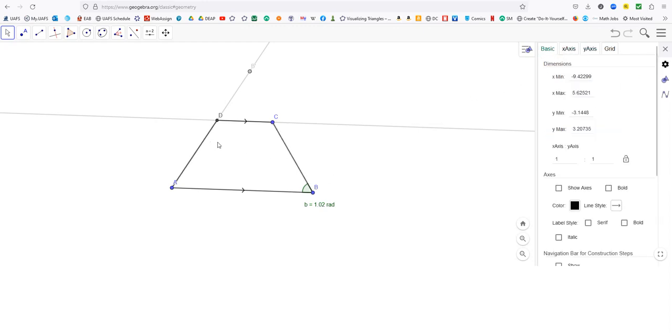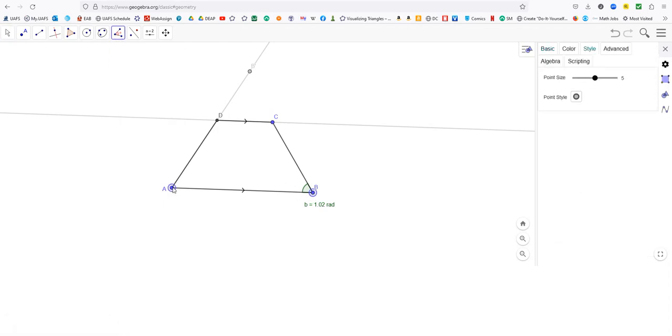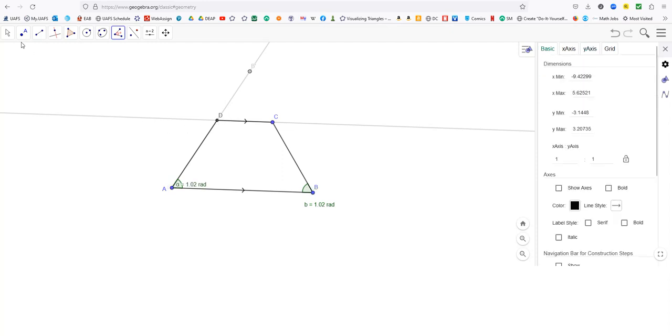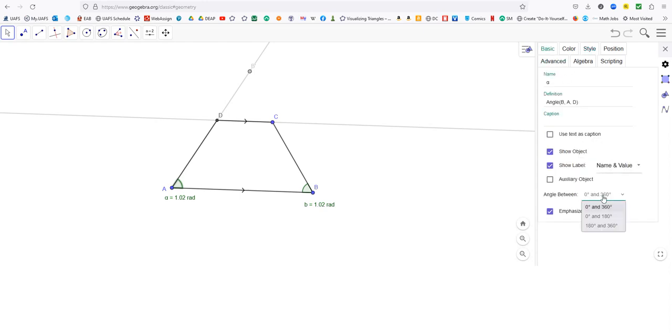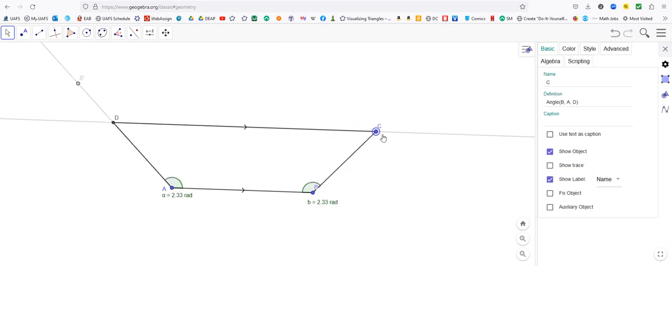Okay, so the next thing I ask you to do is measure this angle down here. Now, if we did this correctly, this angle here should be the same size as this one right here. Yeah, looks like it. Okay.